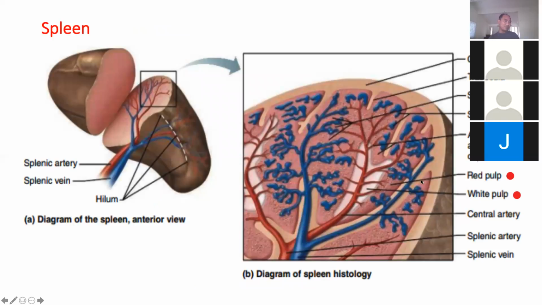Where is the red part? This is the red part. The white part is here. The white part is for immunity. The red part is for blood, just cleaning the damaged red blood cells.